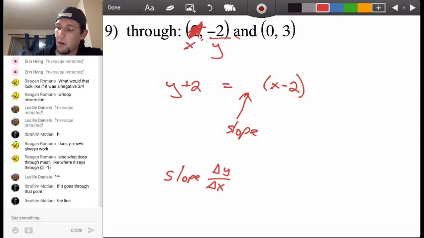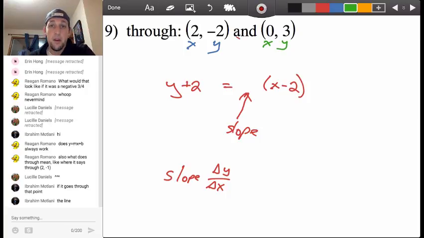What I'm going to do is quickly label each of my points. So there's an X, there's a Y. There's an X, there's a Y. I want to figure out the change in my X values and the change in my Y values. Guys, change really just means subtract.